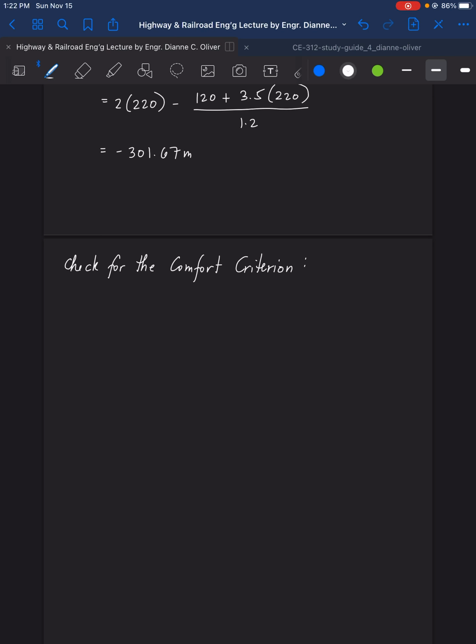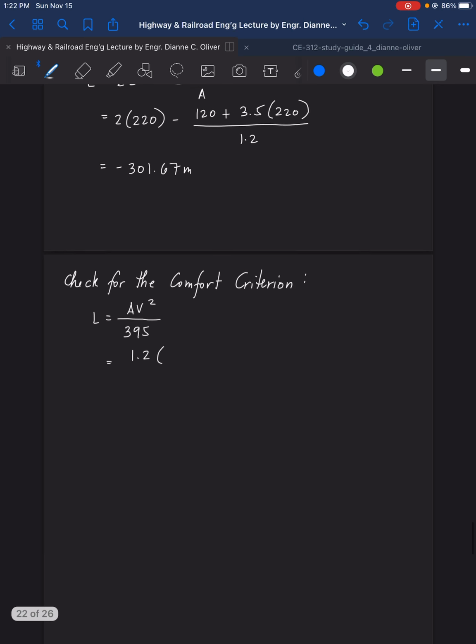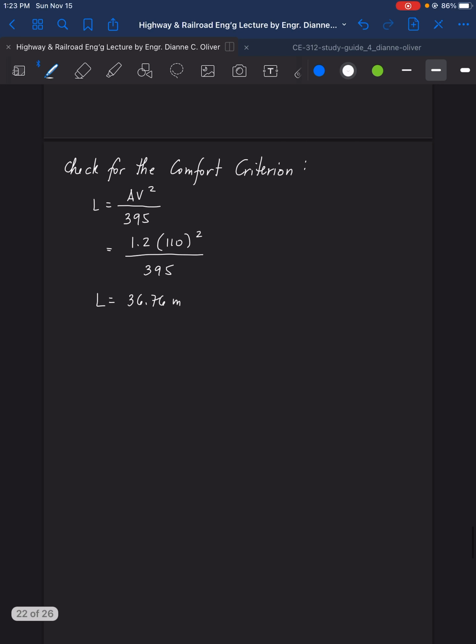So L is equal to AV squared over 395. So the value of A is 1.2. V, the design speed, is 110 squared, and that is divided by 395. So L now is equal to 36.76 meters.